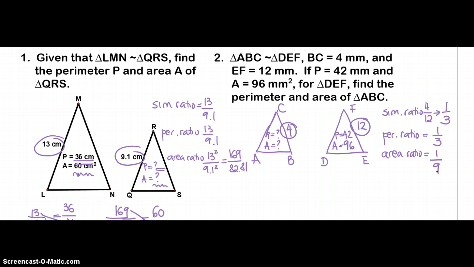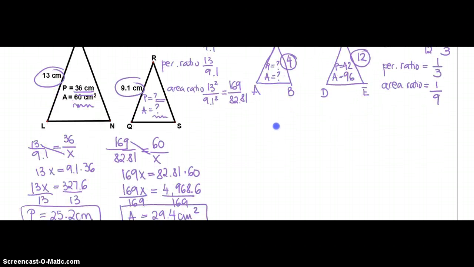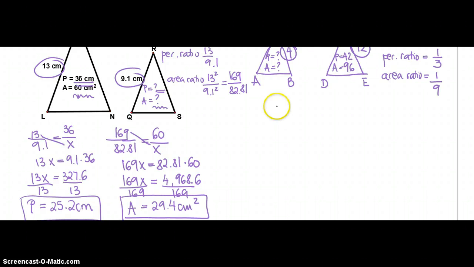Okay. So let's find it. If we're going to look for the perimeter of ABC, then we've got to use the perimeter ratio. So we write 1 over 3 equals, I don't know the perimeter of the first one, so that's going to be x, over, I know the perimeter of the second one, 42. So 1 over 3 equals x over 42.